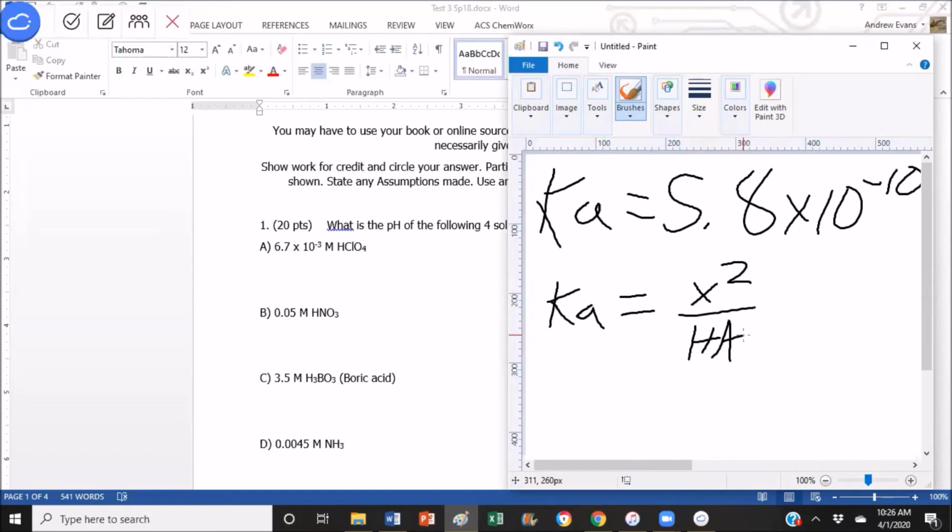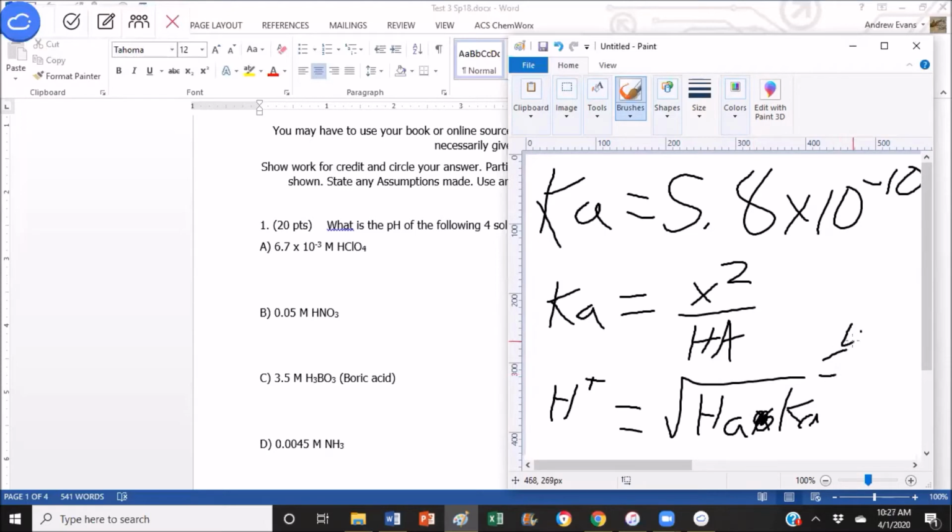And then x is equal to the square root of the concentration of HA times your Ka. So the square root of 3.5 times 5.8 times 10 to the negative 10th is 4.5 times 10 to the negative 5th.